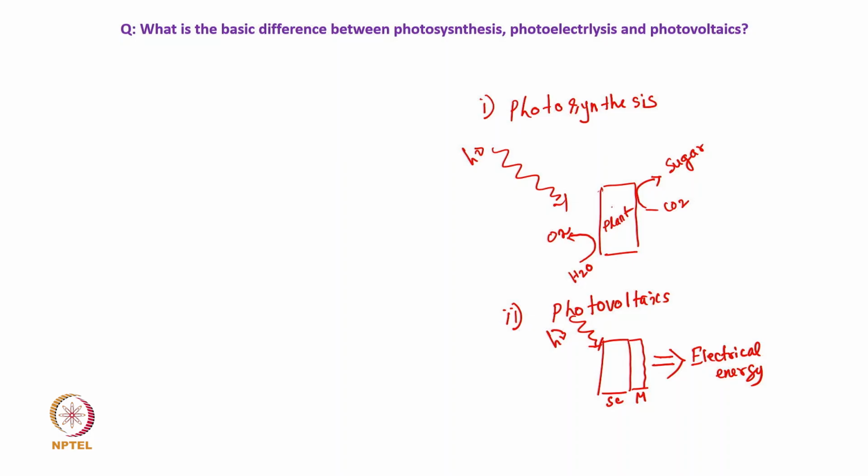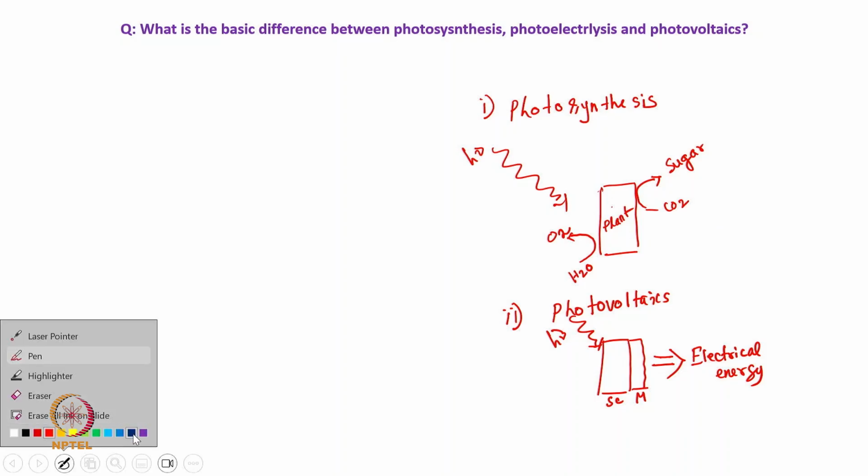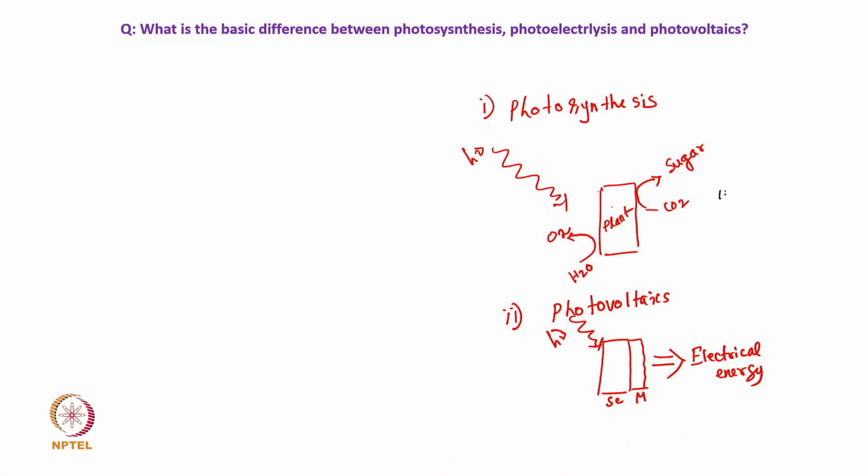All right. And then in photoelectrolysis, which is the third process, we have again a semiconductor, a metal, and in between we have an electrolyzer.